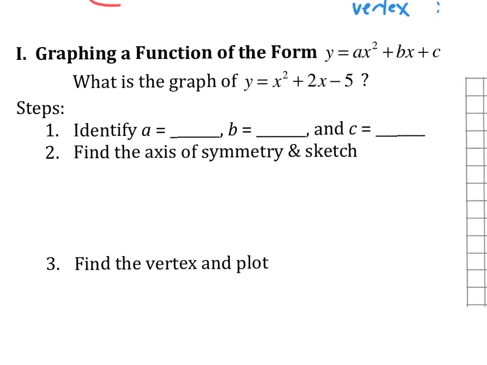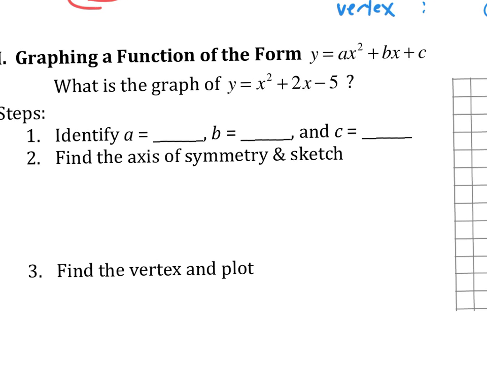All right, so steps 1 and 2 are exactly what we did yesterday, only we're going to add it over here to our graph. So the first thing is I'm going to identify my a here, which is positive 1, my b here, which is positive 2, and my c here, which is negative 5.